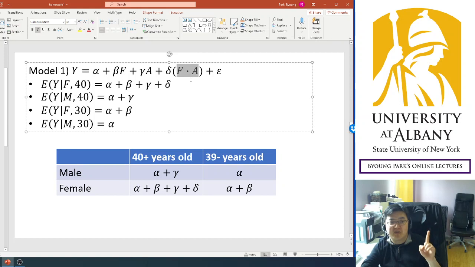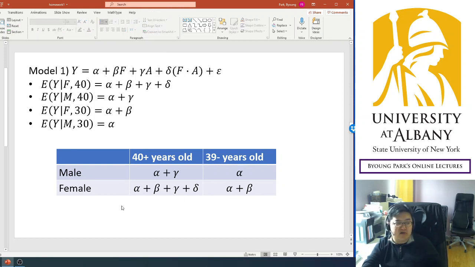The interaction term takes 1 only when F equals 1 and A equals 1 at the same time. Of these groups, only the first has the interaction term. The other 3 groups do not have this part because one of them is 0, and 0 times something is always 0. So it is easy to see how you obtain the group averages, alpha plus beta and alpha.